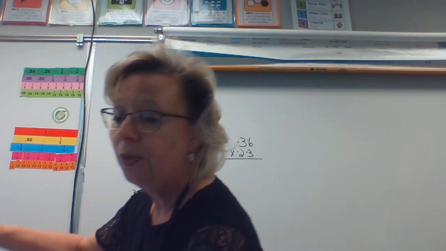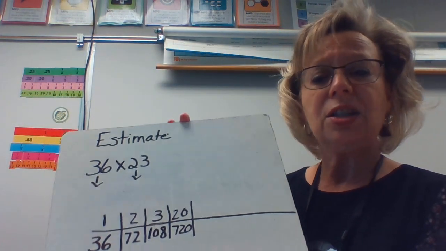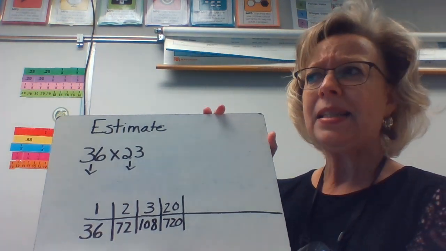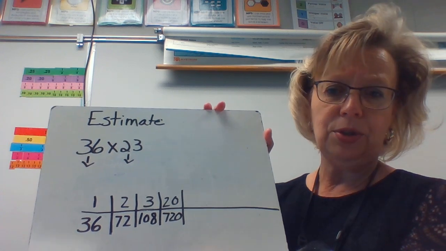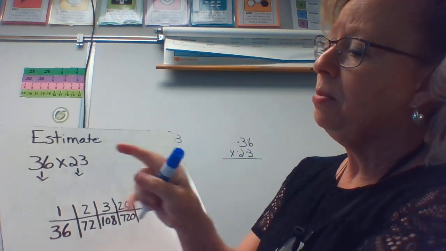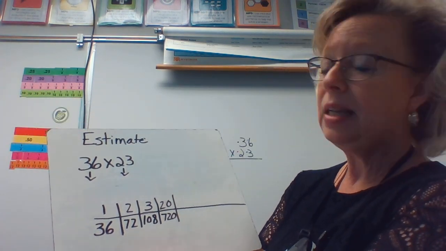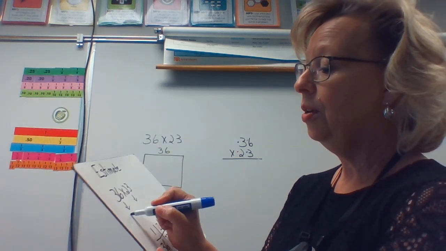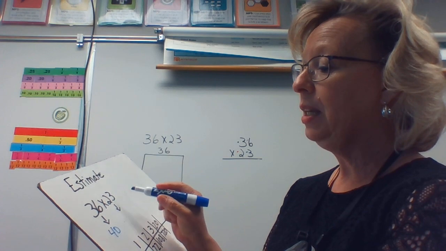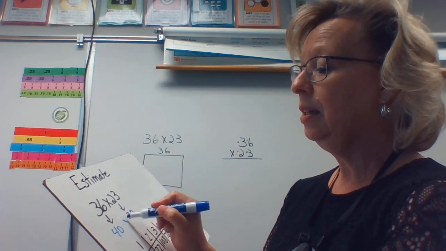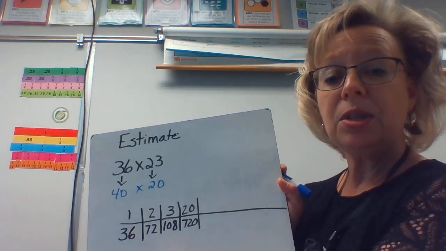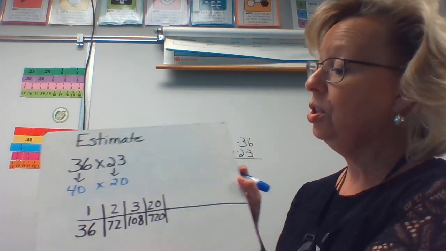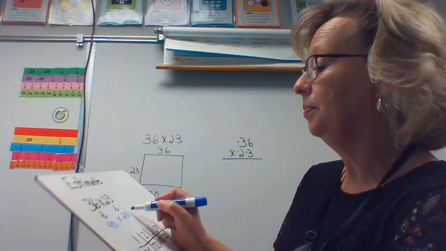When we start a multiplication, it's always a great strategy to estimate. If I'm going to multiply 36 times 23, 36 rounds to 40 and 23 rounds to 20, so 40 times 20 will be close to 800.